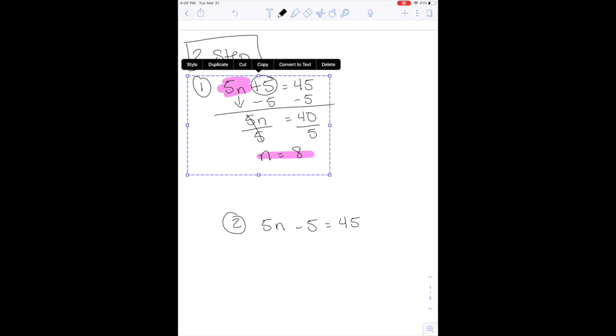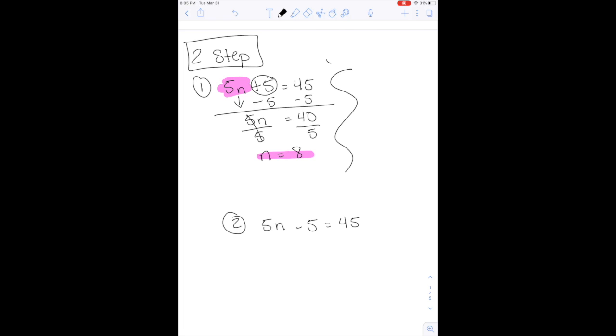Okay, so 5 times 8 plus 5 equals 45. So 40 plus 5 equals 45. 45 equals 45. So you know that your solution is correct.